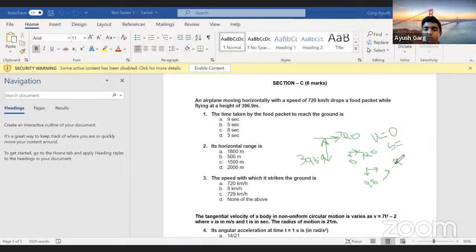So when you know u, s, and a, can you not find out time t taken to reach the ground? There's one equation which relates everything. s is equal to ut plus half at square, wherein u is zero. So 396.9 is equal to half into g, 9.8, into t square. Okay. You can use that to calculate the value of t.